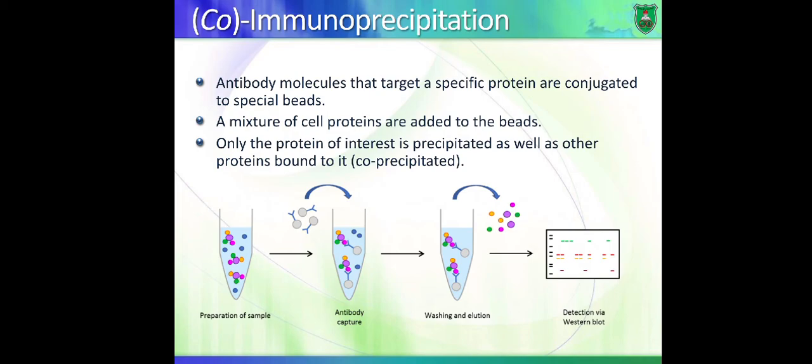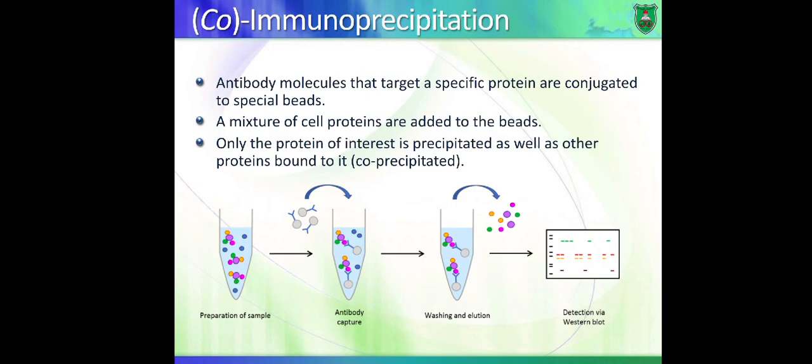There are two methods that I'll talk about. The first one is known as immunoprecipitation or co-immunoprecipitation. The idea here is that whenever you hear the word immuno, you know that we're talking about an immunoglobulin or an antibody, which is a protein that is produced by our immune cells to bind to and fight antigens, foreign bodies.